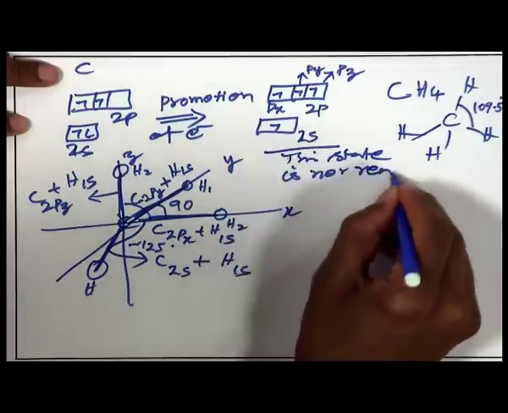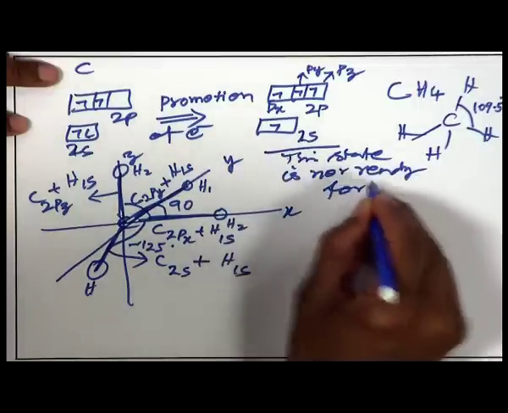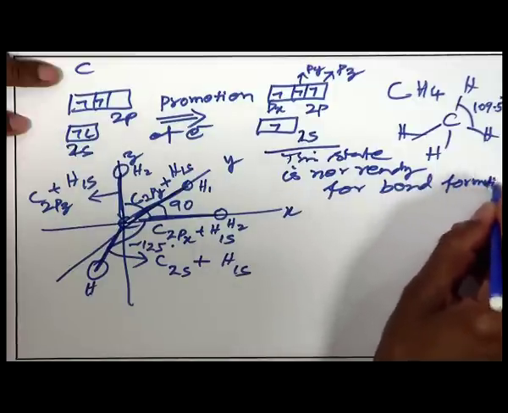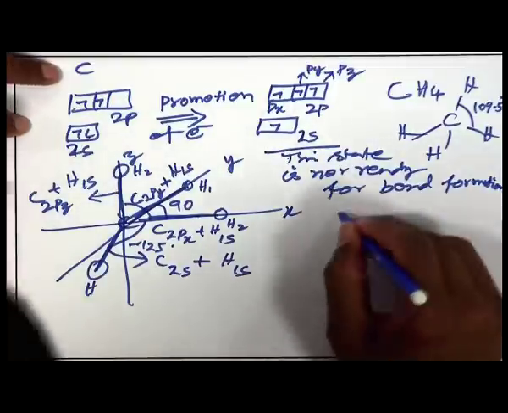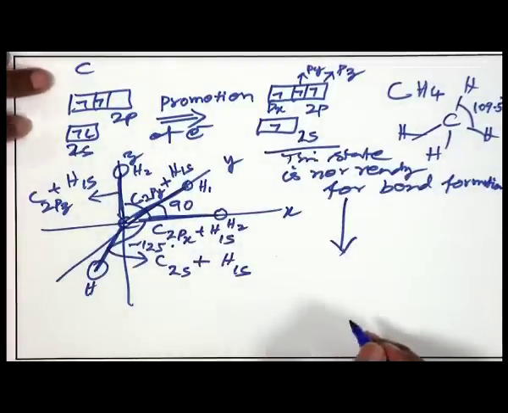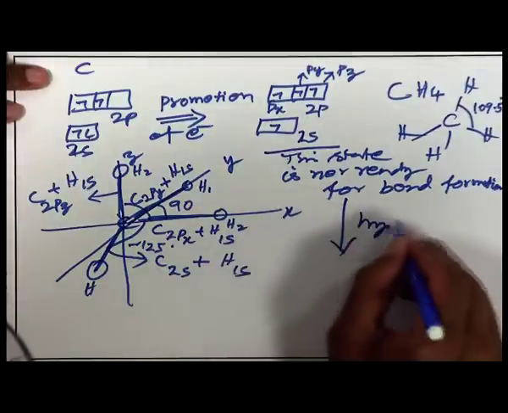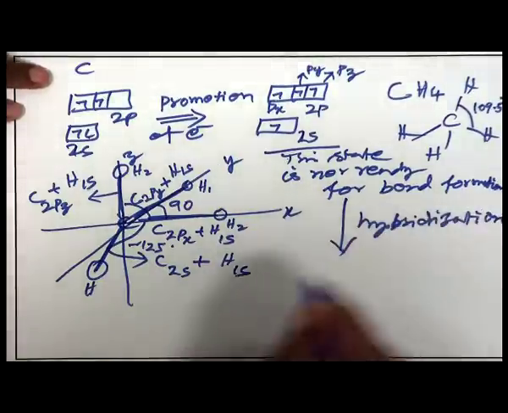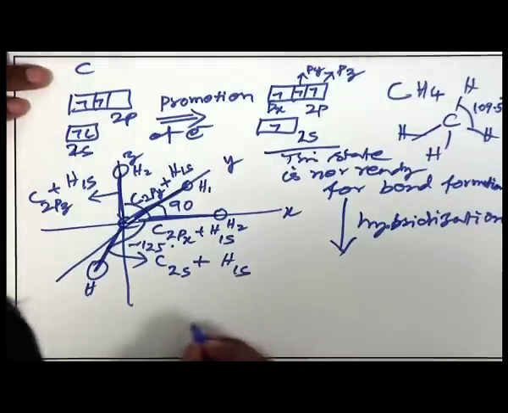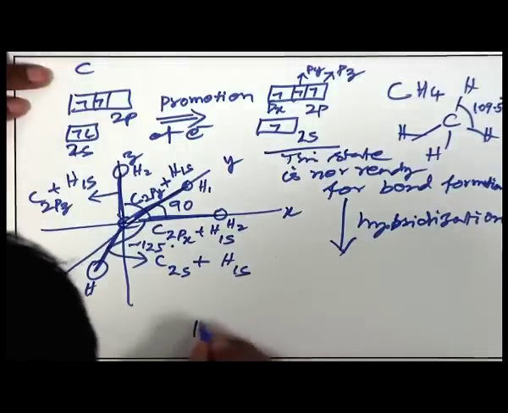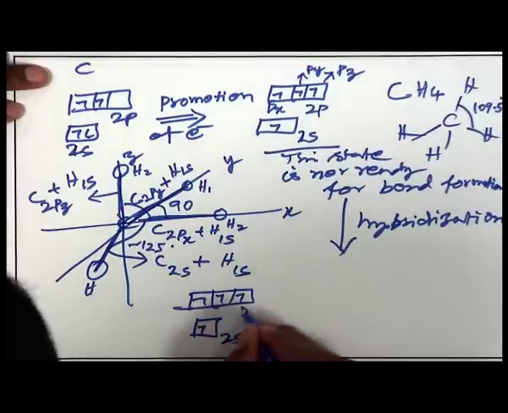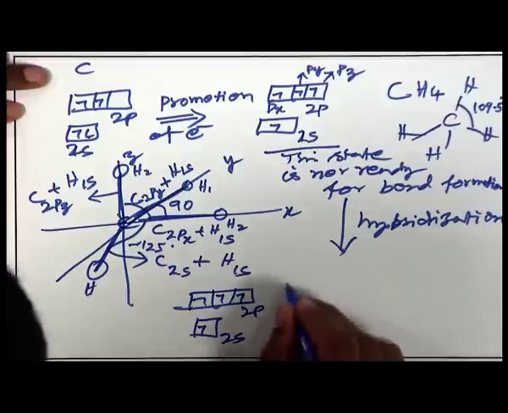Then it undergoes a process called hybridization. So, you have a 2s orbital with 1 electron, and 2p orbitals each containing 1 electron. Then it undergoes hybridization.